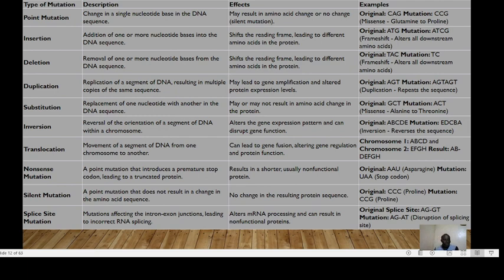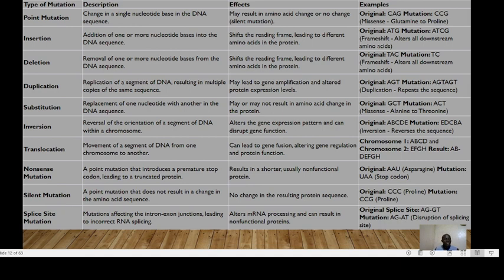Substitution is the replacement of one nucleotide with another in the DNA sequence, which may or may not result in an amino acid change in the protein. Like originally, we could have GCT and then it mutates to ACG. Remember, this is a change from alanine to threonine, and this is a missense mutation.